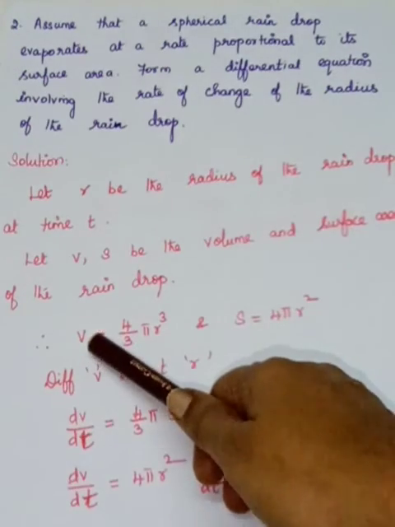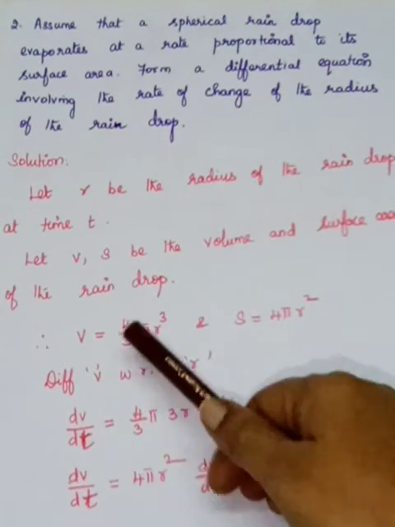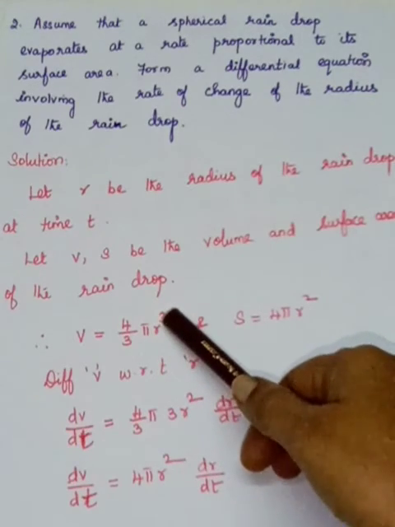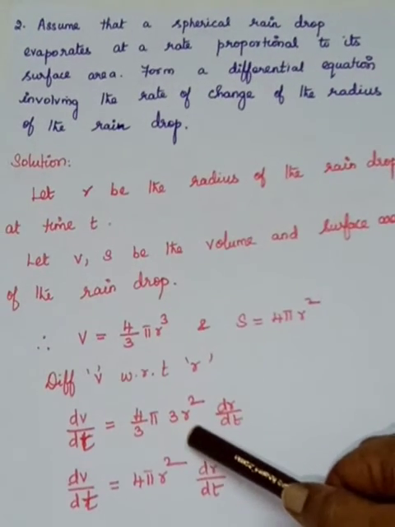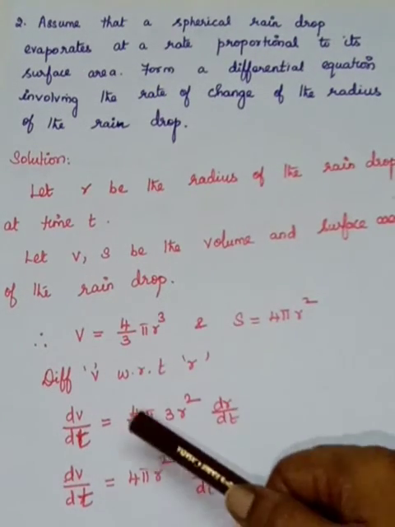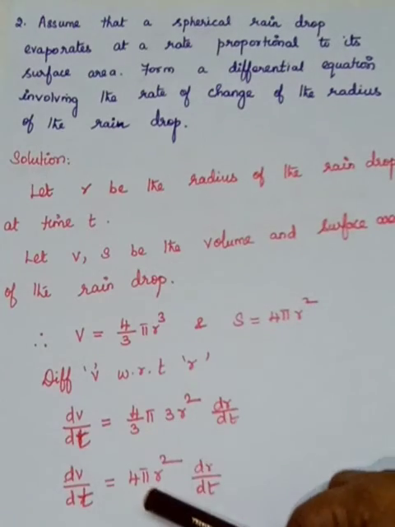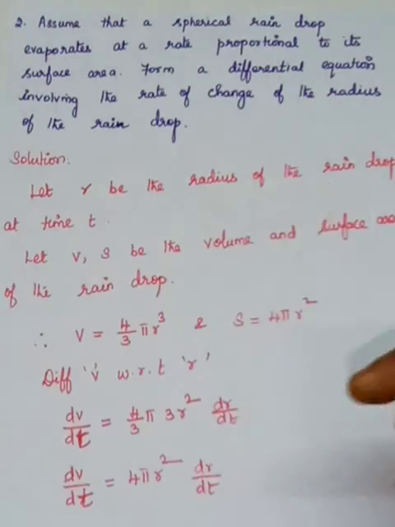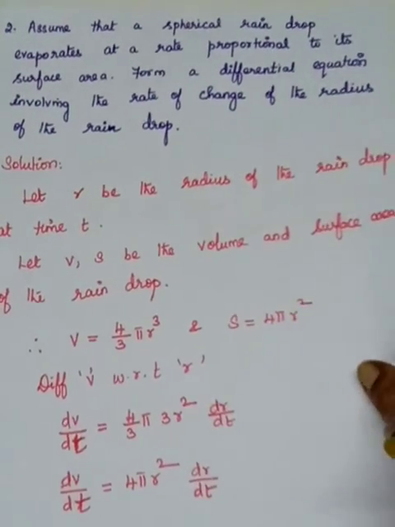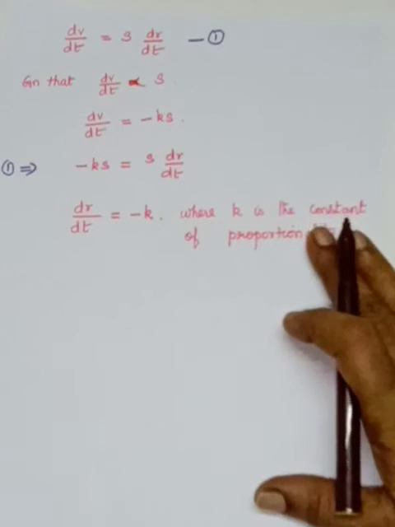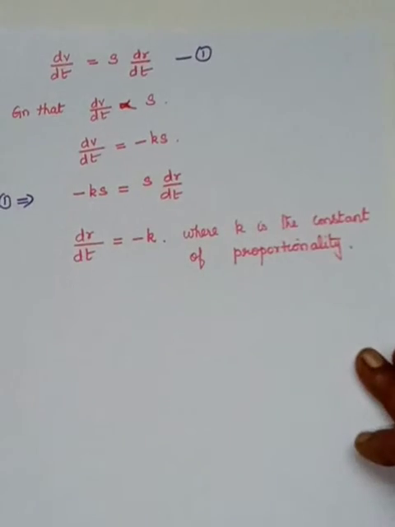So you have to find first dV by dt, that is equal to 4 by 3 pi is a constant, r cube if you differentiate, that is 3r squared, and you are differentiating with respect to t means it is dr by dt, and this 3 getting cancelled. So here you will have 4 pi r squared. What is 4 pi r squared? It is nothing but S. So you will get dV by dt is equal to S into dr by dt. So that is written, and you have to mark this as 1.